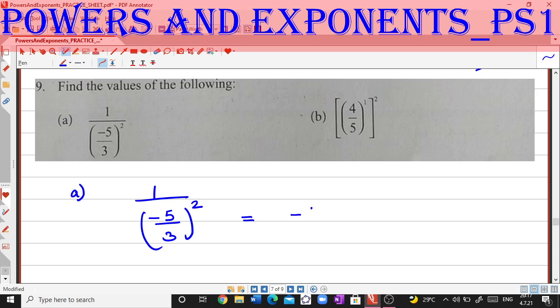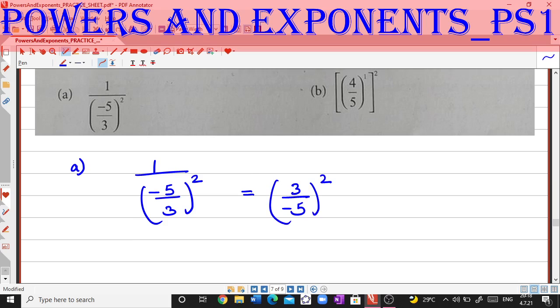So this is going to be 3 upon minus 5 raised to the power 2.